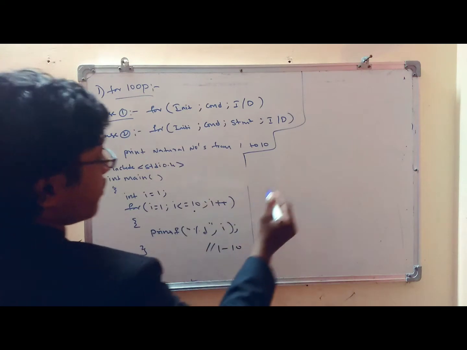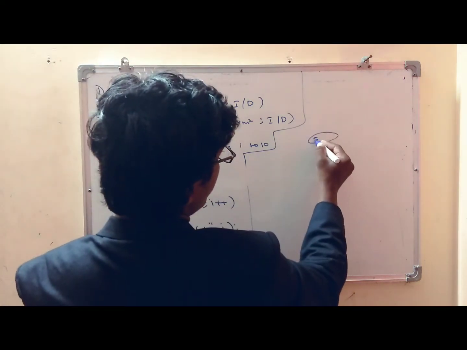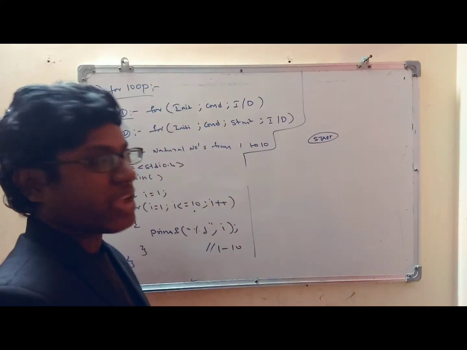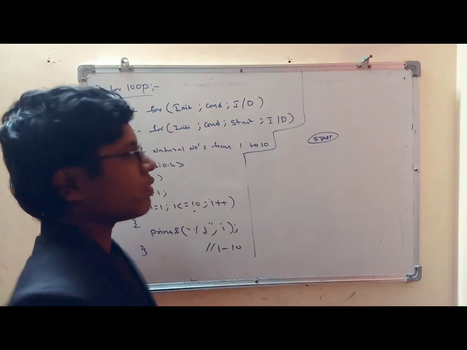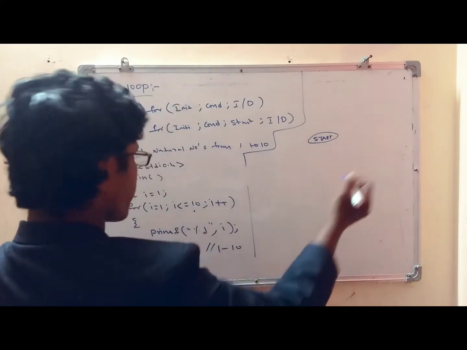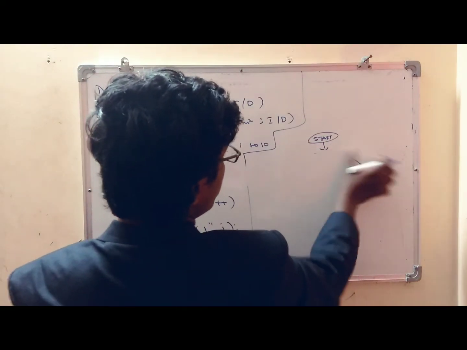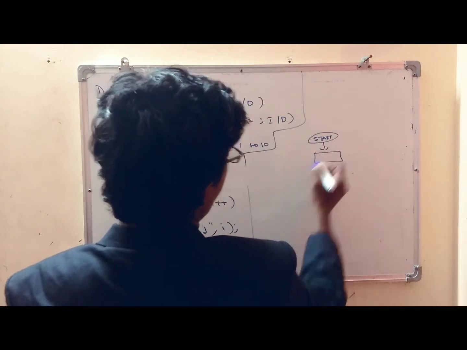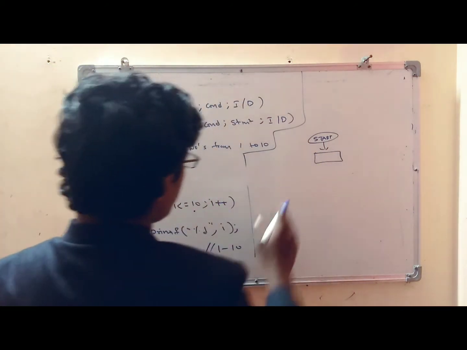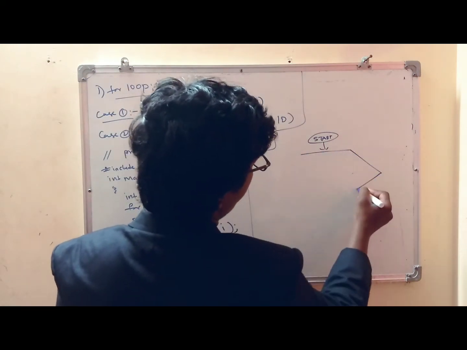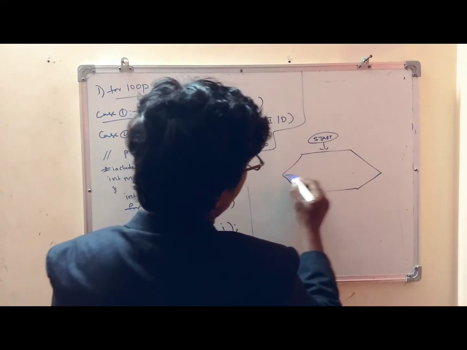So firstly, what we have is a start. Every flowchart or pseudocode has start and stop statements. So here you see, firstly I want to initialize the value, but in this case I will write the initialization in the loop box.